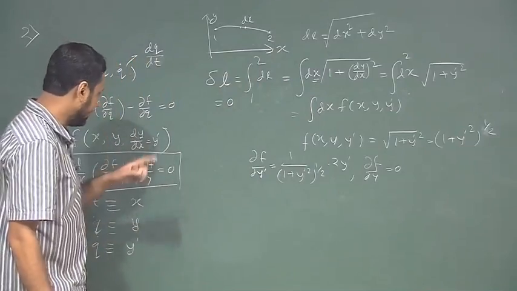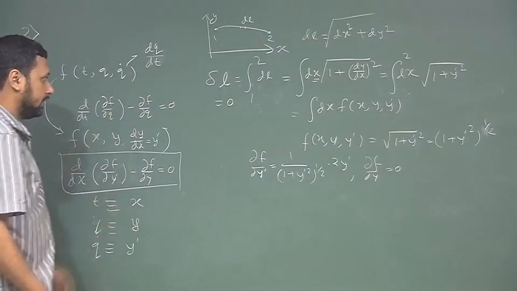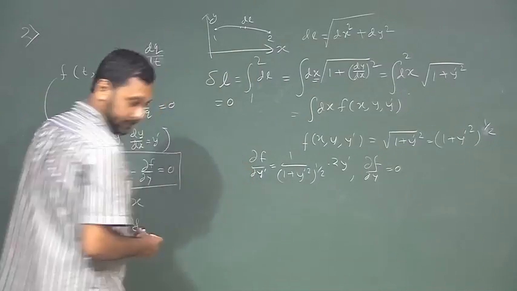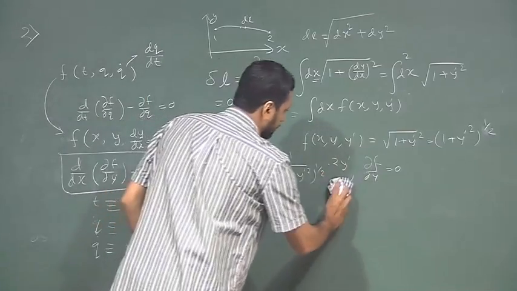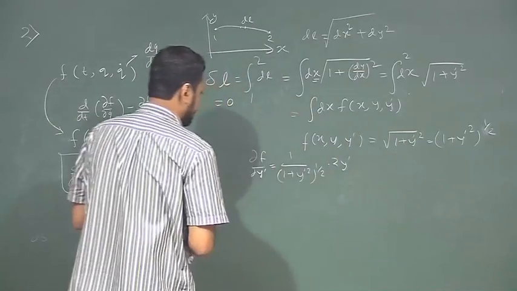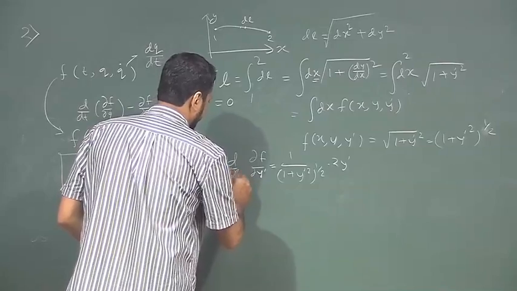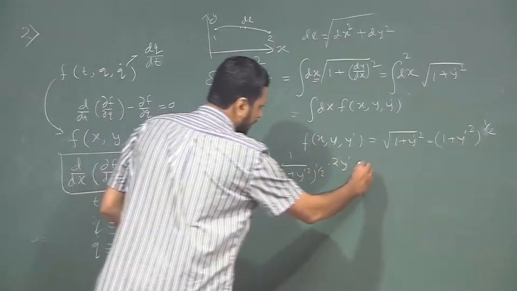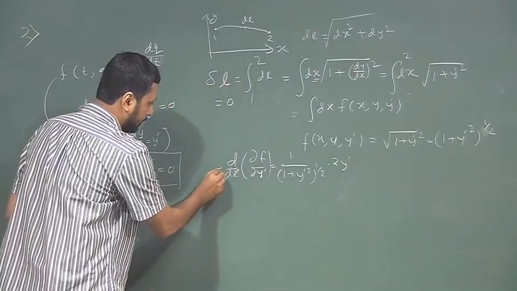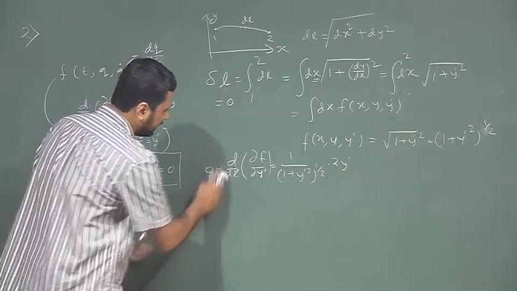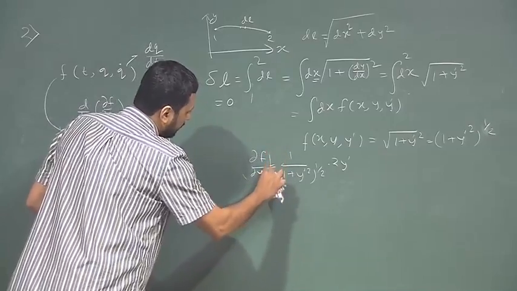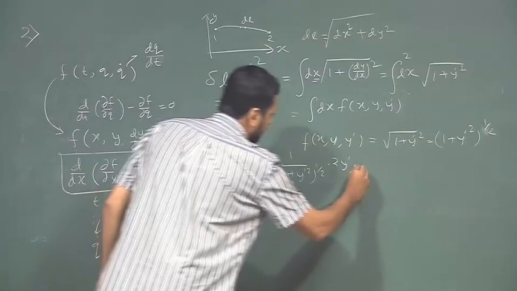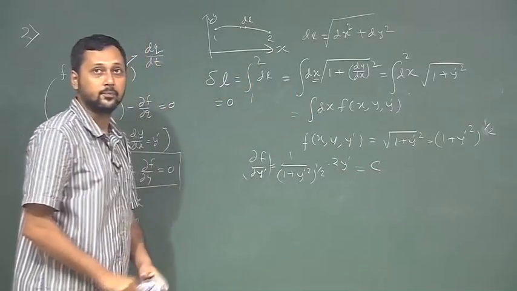So, what we get by applying this equation is that d dx of this whole thing will be equal to 0, right. So, that means this is equal to a constant.